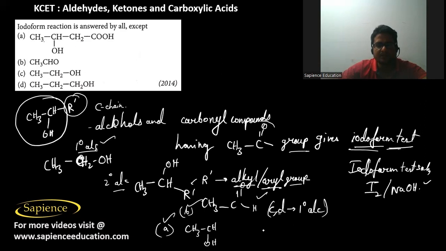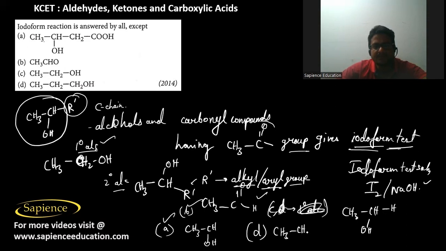In option C, of course, it has CH3CHOH at the end of the chain. Only in option D we don't have CH3CHOH at the end of the chain, so it will not give the iodoform test. So option D is the correct answer.